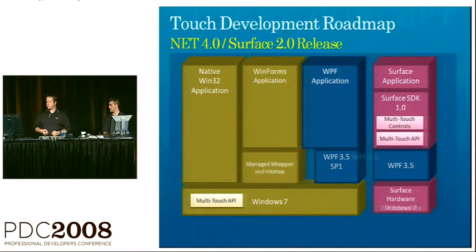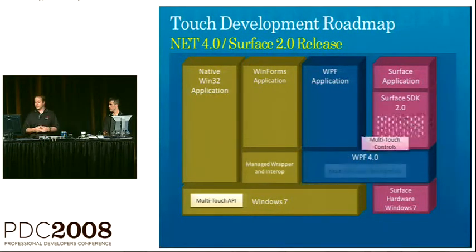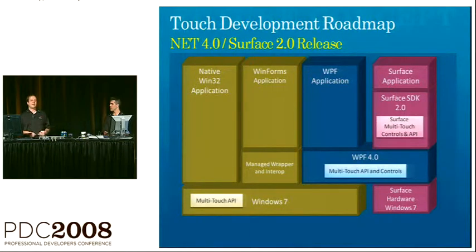So what's going to happen when WPF 4.0 ships and Surface 2.0 ships is we're going to be working on taking the core concepts from the Surface SDK, what we've done in our APIs and controls, and move those down into WPF 4.0. So if you build against that, you'll have a baseline type of application that can run equally well on Surface or Windows.